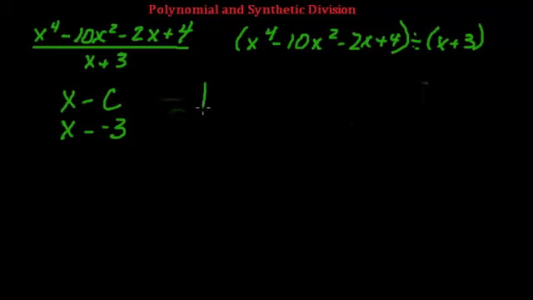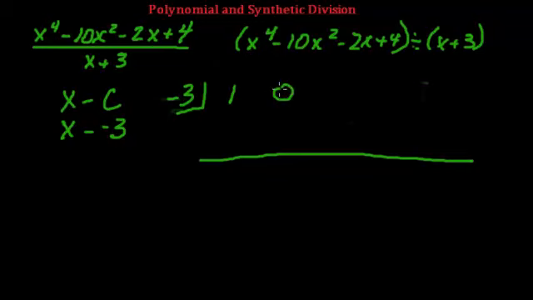For synthetic division, we need to put our c in our little box up there at the top, and then we just write down the coefficients in order. x to the fourth has a coefficient of 1. x cubed is not there, so it gets a coefficient of 0. Then negative 10, then negative 2, which is my x term, and then 4.